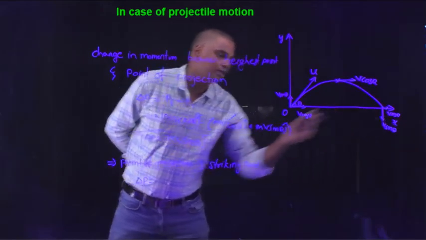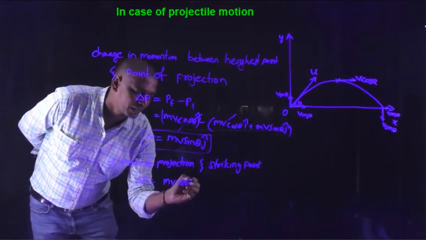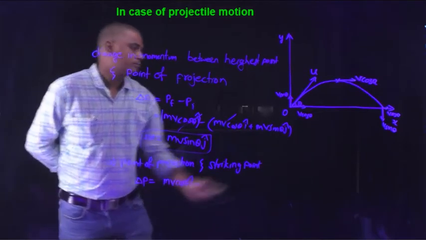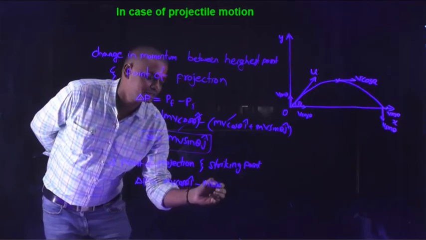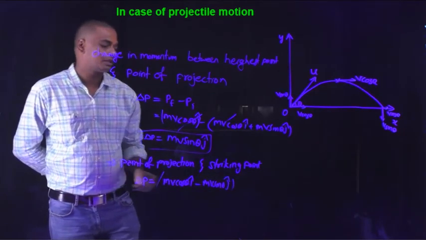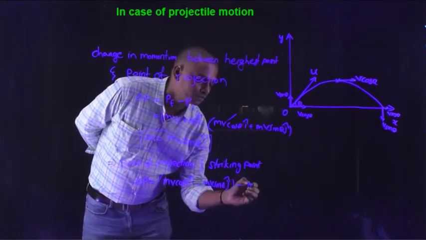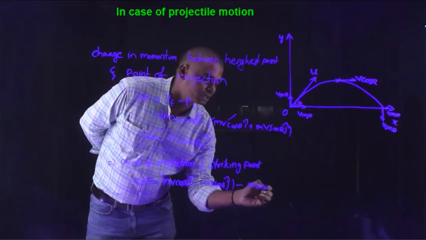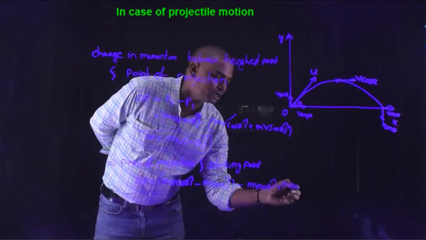The final momentum at the striking point is mv cos theta i cap, minus mv sin theta j cap, as it is in the negative direction, minus the initial momentum, which is mv cos theta i cap plus mv sin theta j cap.